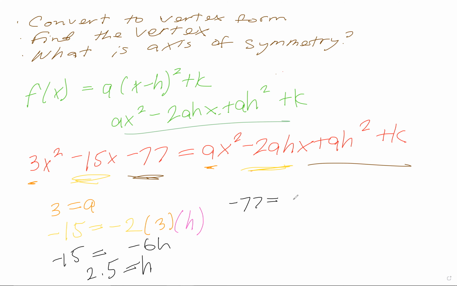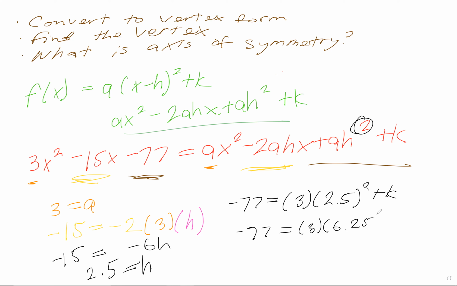Negative 77 equals 3 times 2.5 squared plus k. 2.5 squared is 6.25, times 3 is 18.75, plus k. K is equal to negative 95.75.